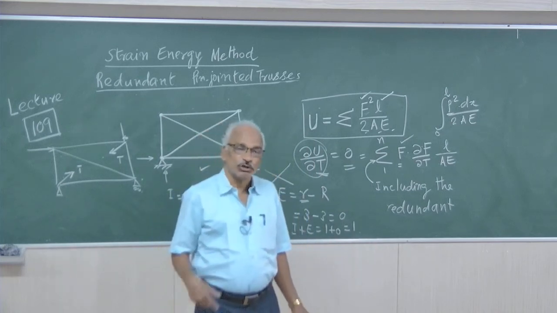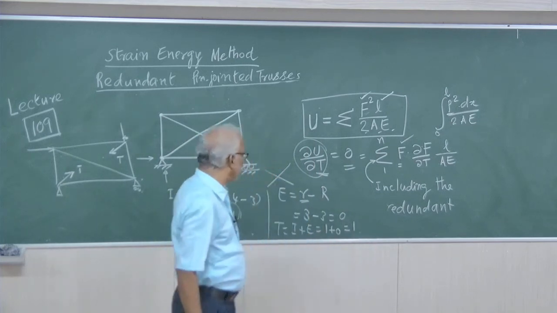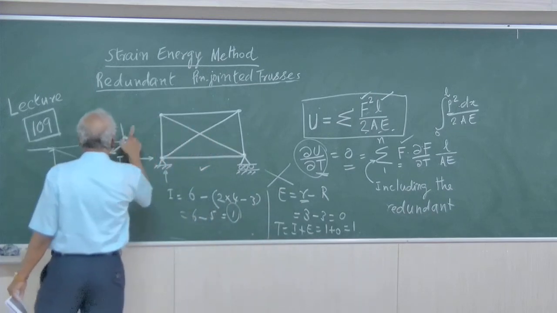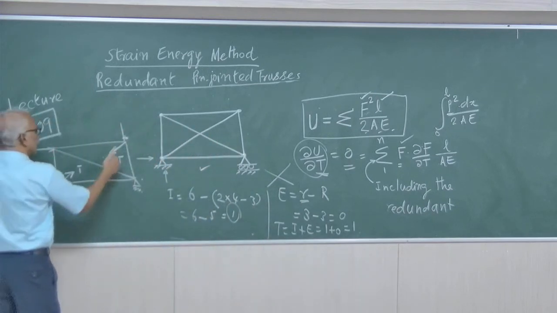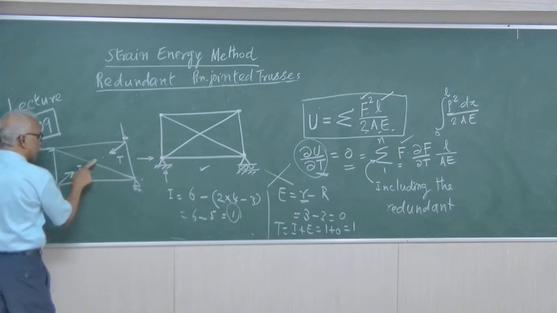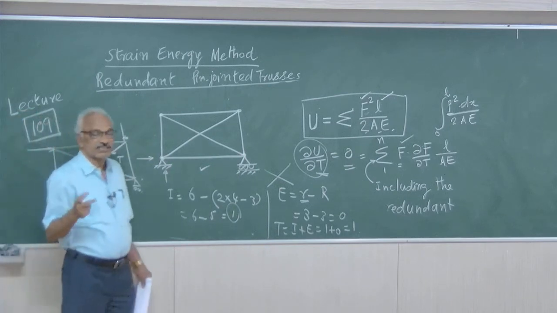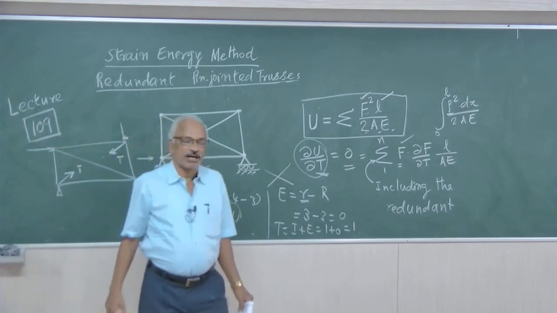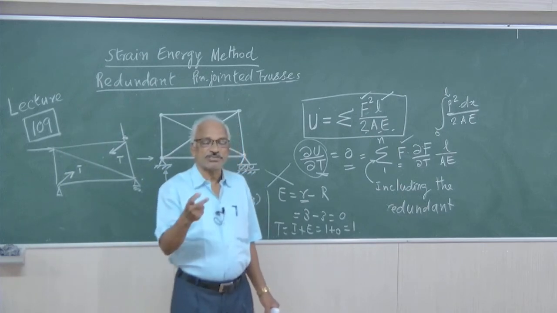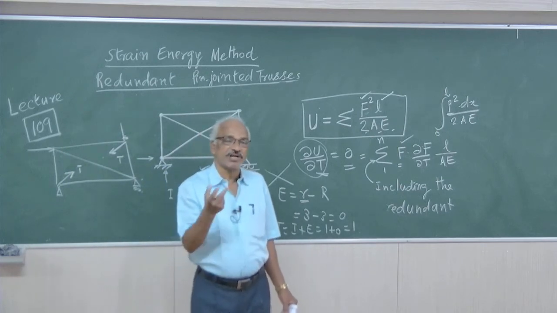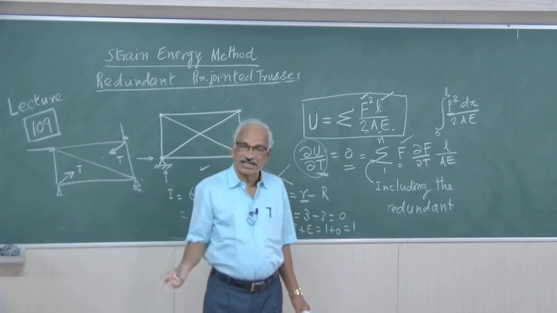If it is the unit load method, that will be different. That is, we will be analyzing only for the external force. Later we will be applying unit force along the redundant member and make one more analysis. You have to carry out the method of joints 2 times or 3 times, depending upon the degree of static indeterminacy.